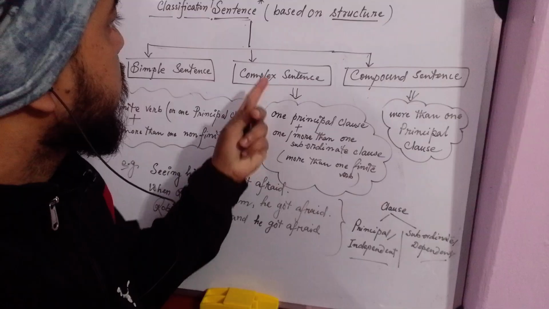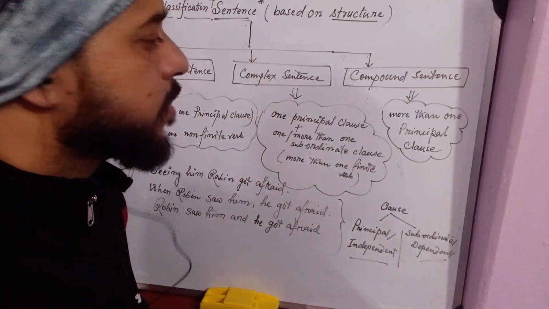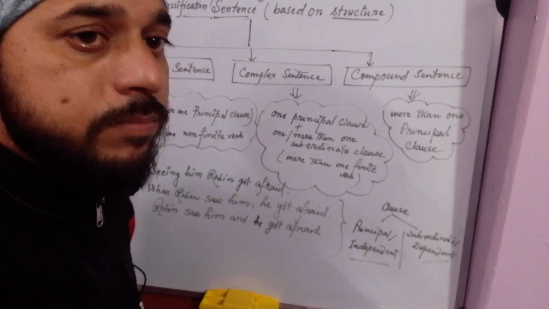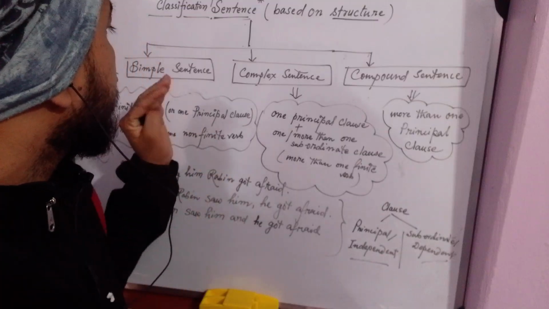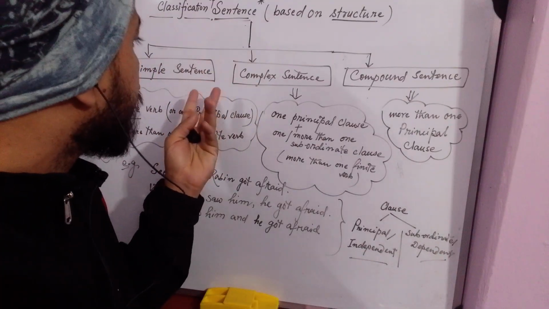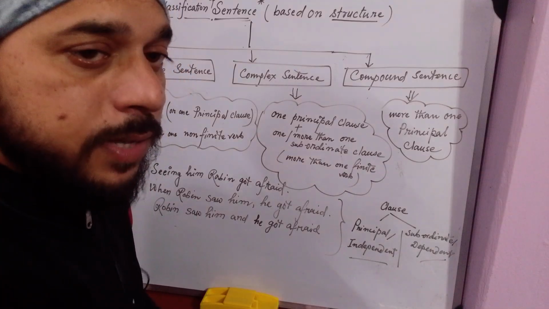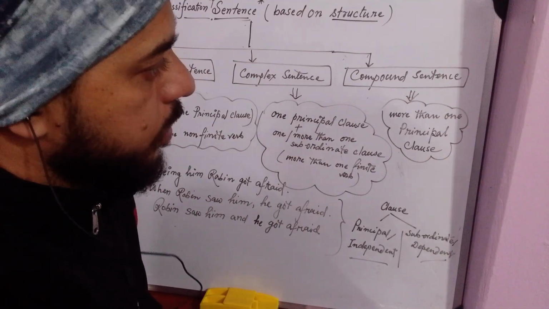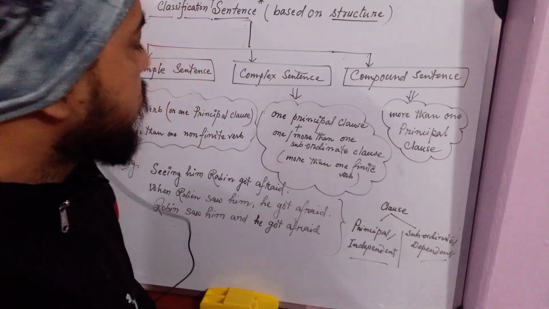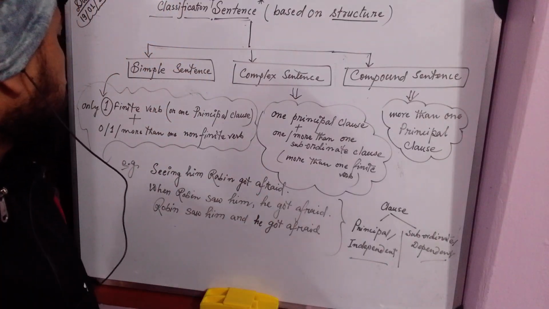So let's see, based on structure, that is the technical aspect of a sentence, there are three types: simple sentence, complex sentence, and compound sentence. Now let's take them one by one.